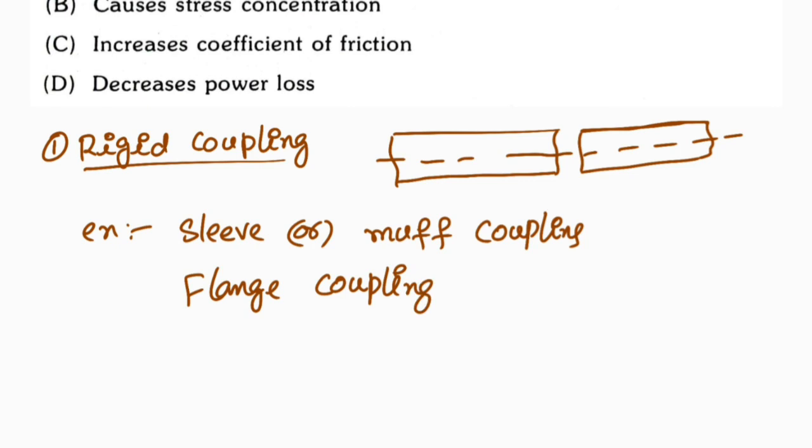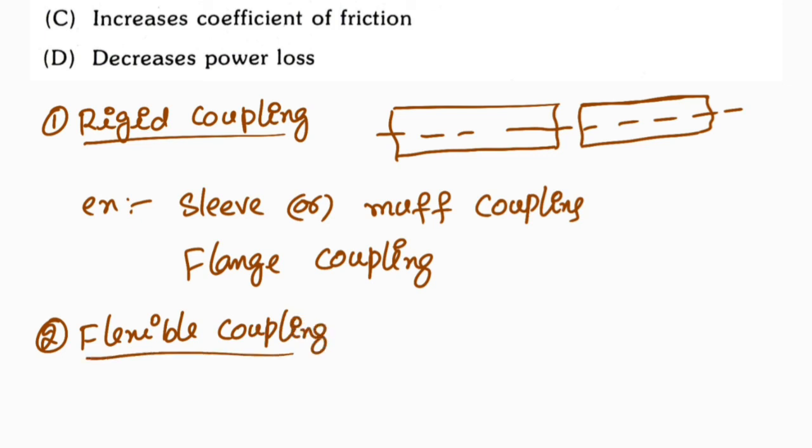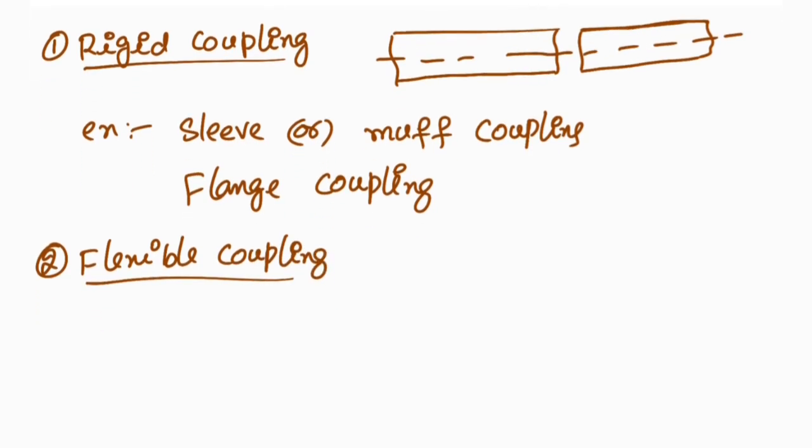But there are some arrangements where you need to connect two shafts which are misaligned. That kind of coupling is called the flexible coupling. Flexible coupling is used for connecting two shafts which are on different axes.